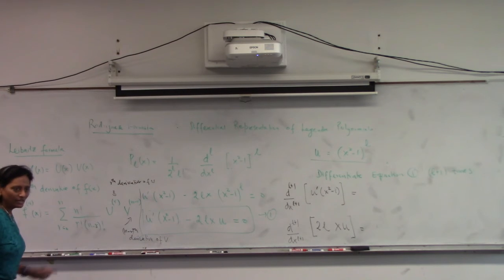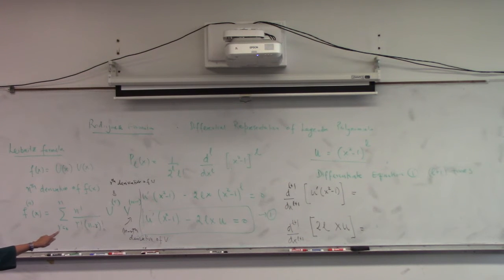If I choose my function u to be x squared minus 1, after two derivatives it's going to stop. Similarly, I want to take x in the other one, because if I had chosen u prime there, I don't know when it would terminate. Otherwise it will have l plus 1 terms. I want to terminate this as quickly as possible.